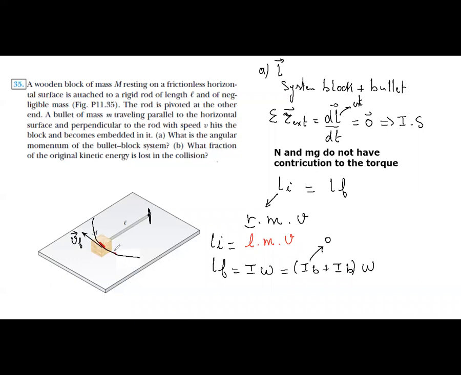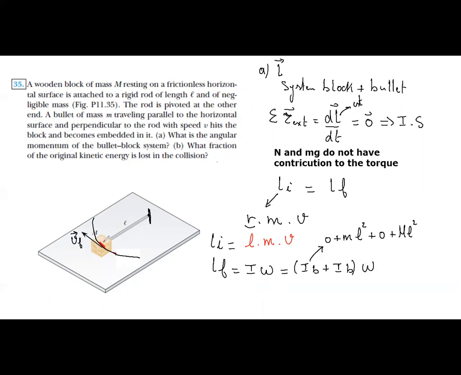So we have only m L squared plus 0 for the box plus m L squared.